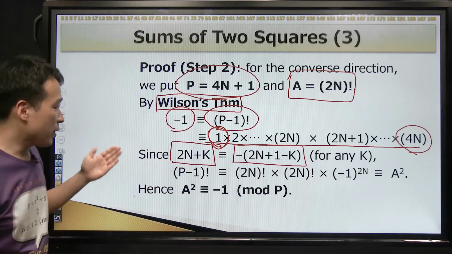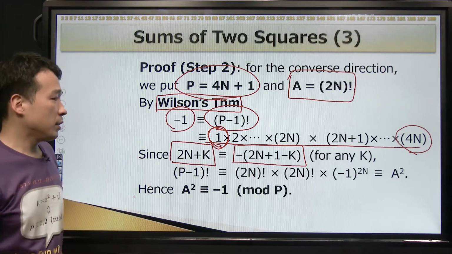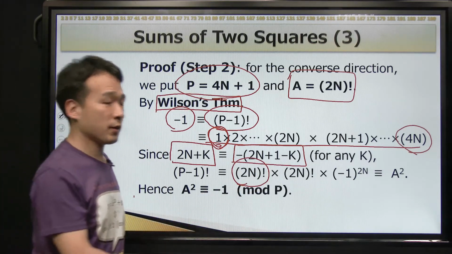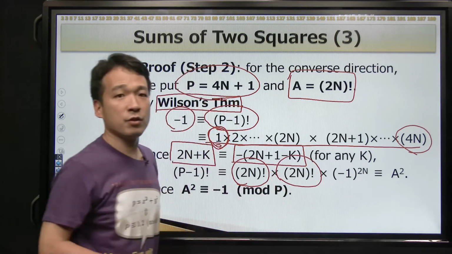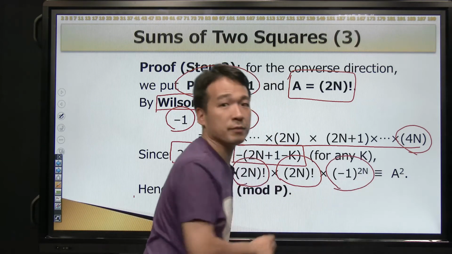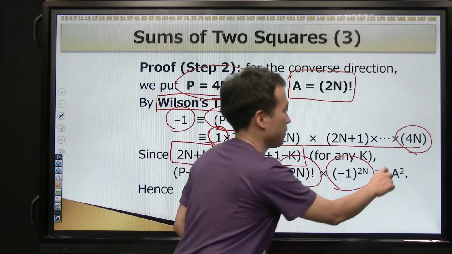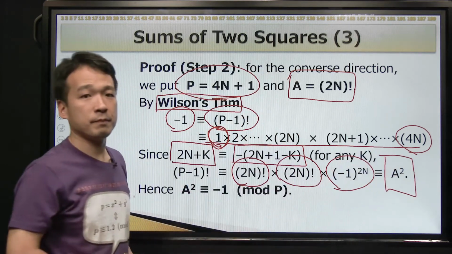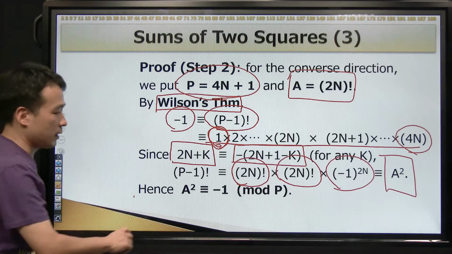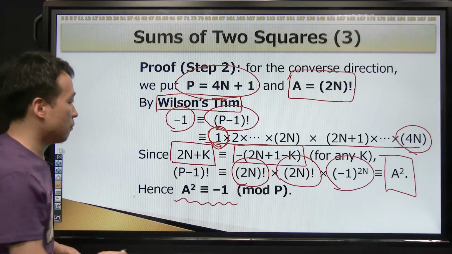Therefore, the factorial of p minus 1 is congruent to the factorial of 2n times the factorial of 2n times minus 1 to the 2n, which is congruent to the square of a. We conclude that the square of a is congruent to minus 1 modulo p.